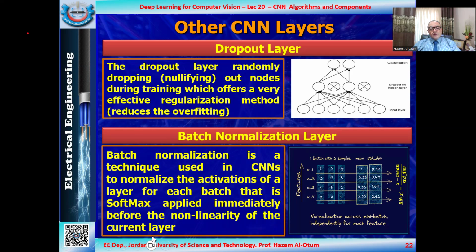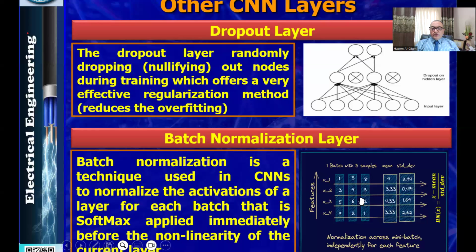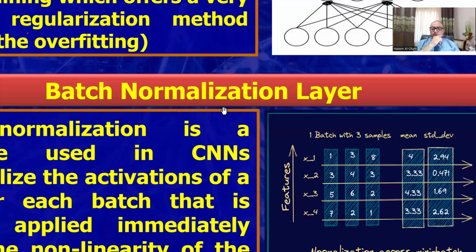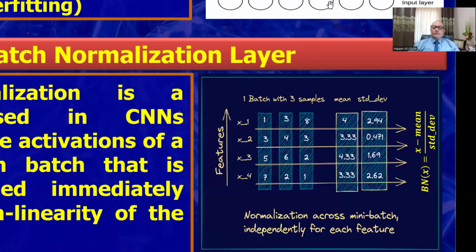To understand this topic, let's have the input as you see here. Here we have an input, and here we have the features. Suppose that this is the first sample, second sample. We have a batch of 3 samples.